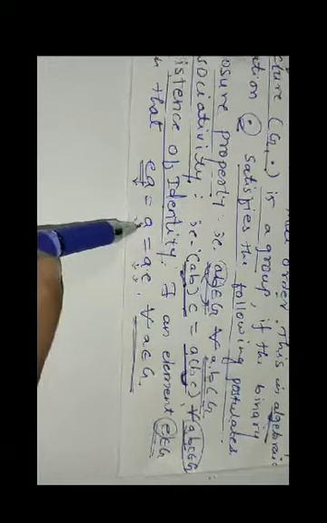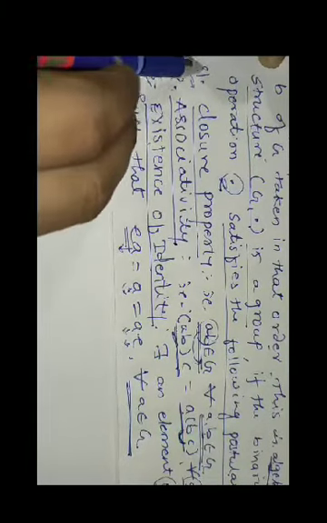So this is a third and very important postulate, the existence of identity. And if this third property is satisfied by a set G, we say that G is a monoid.